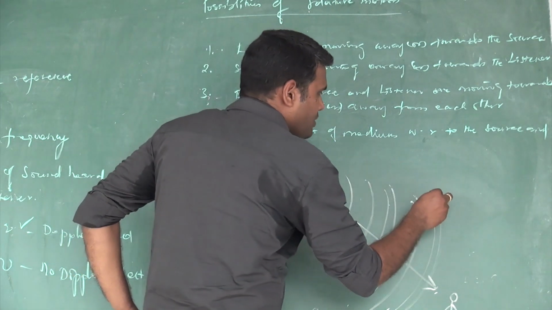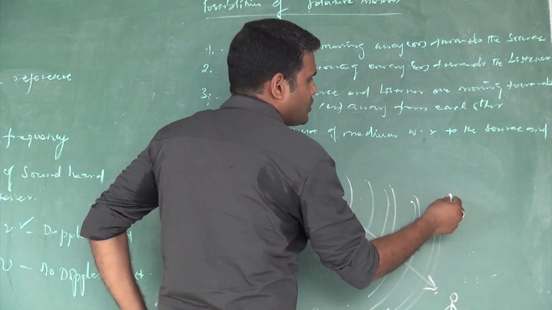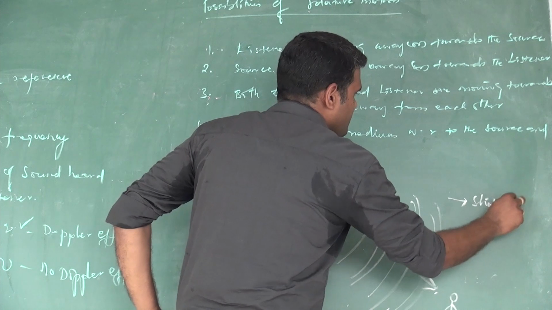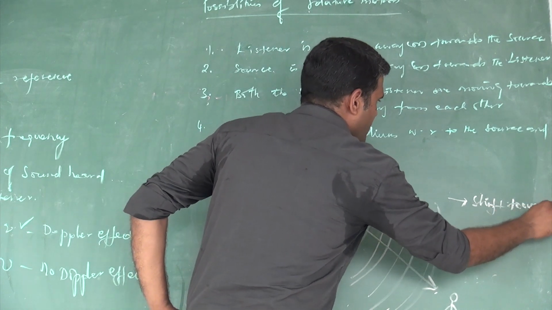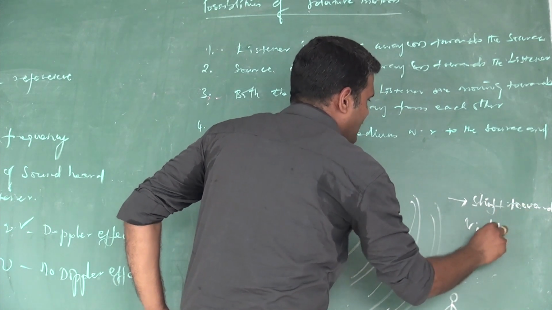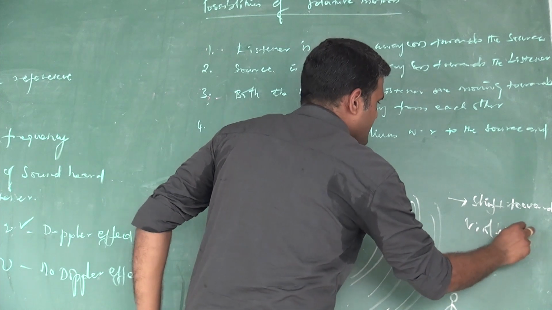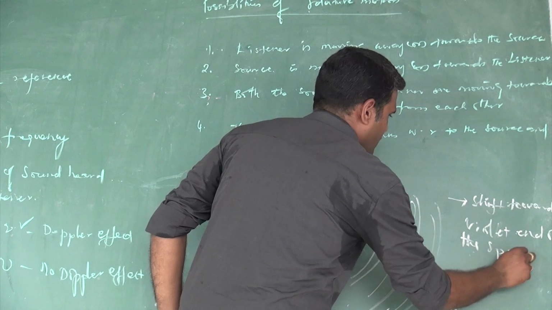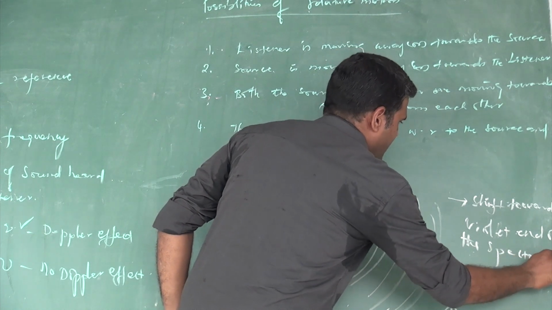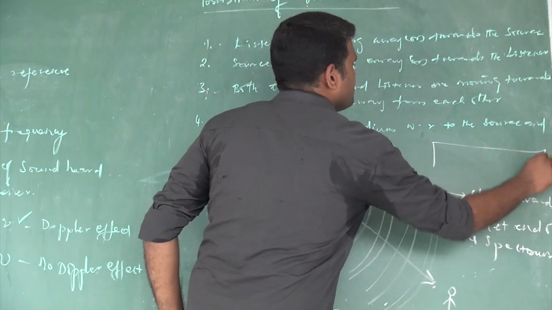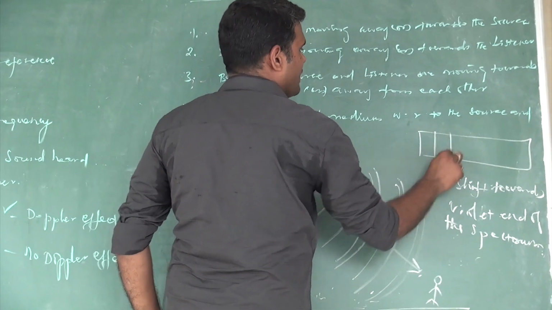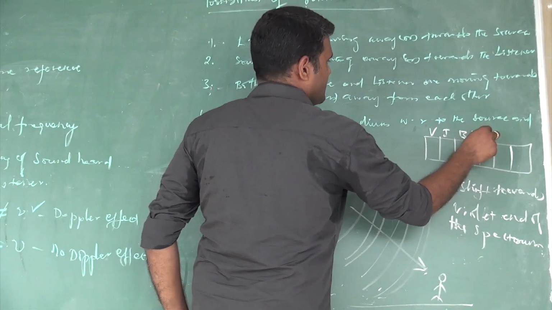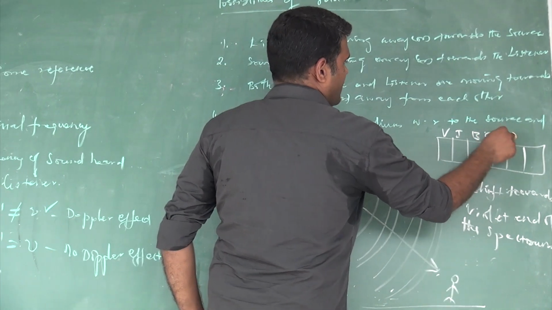This increase in frequency will show a shift towards the violet end of the spectrum, because as you know, a spectrum has 7 different colors from violet to red.